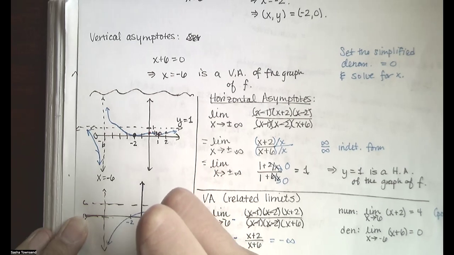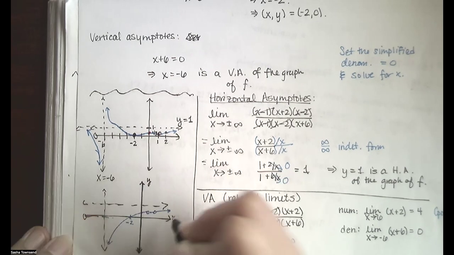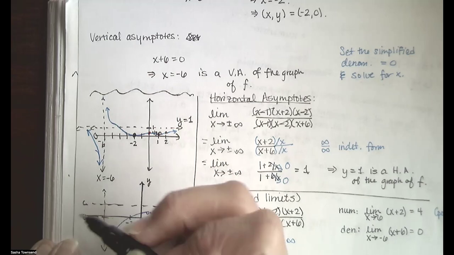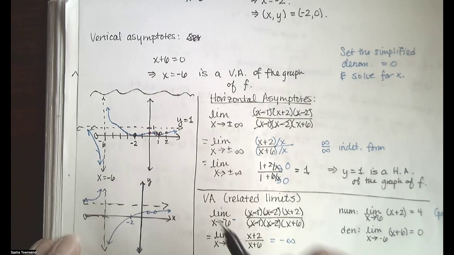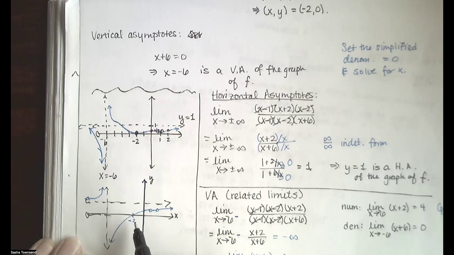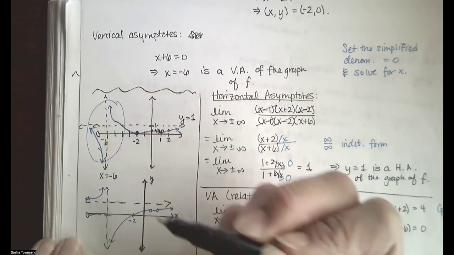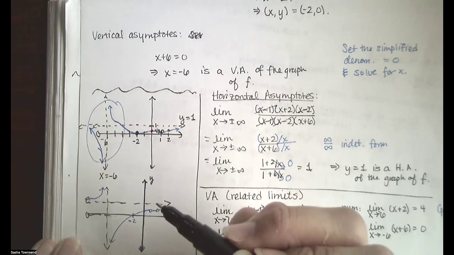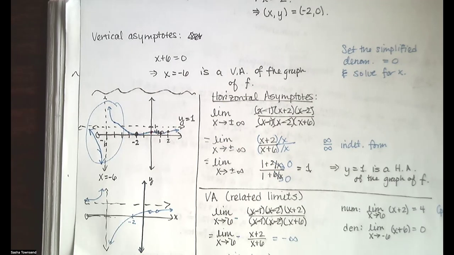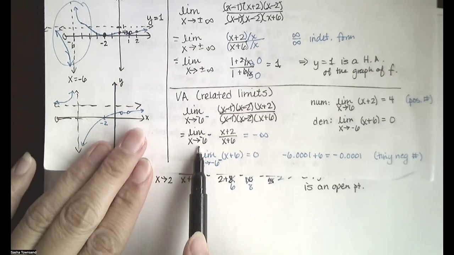X equals 0. That's what Desmos looks like, and I had this. So that tells me that my limits from the left and right must have been inaccurate when I did my calculation. So let's look at these limits as x approaches -6 from the left and the right.